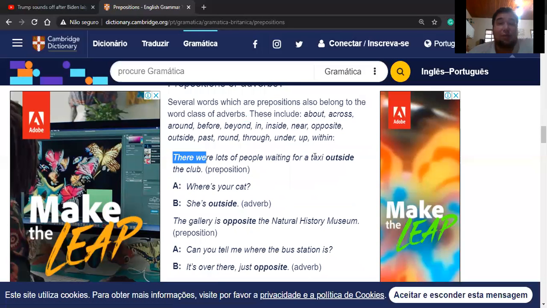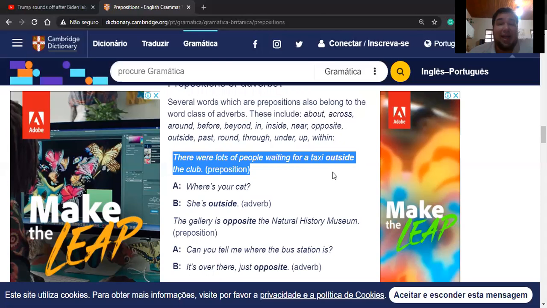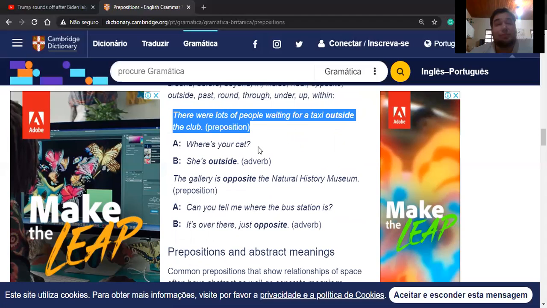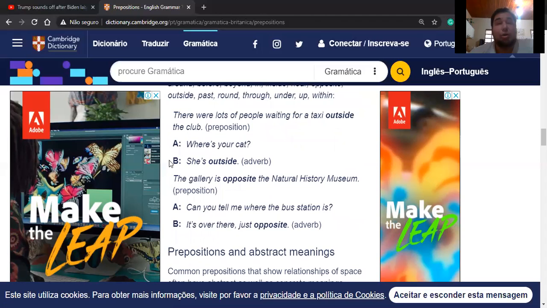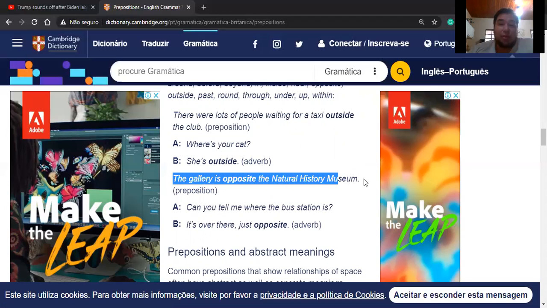There were lots of people waiting for a taxi outside the club. Preposition. Where's your car? She's outside. Outside is an adverb. The gallery is opposite the Natural History Museum.